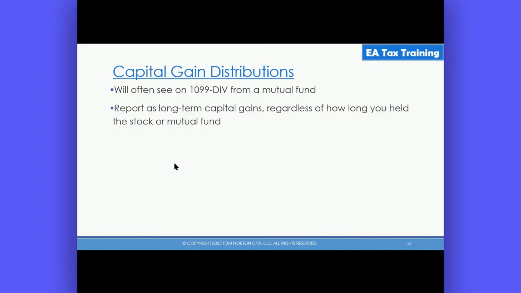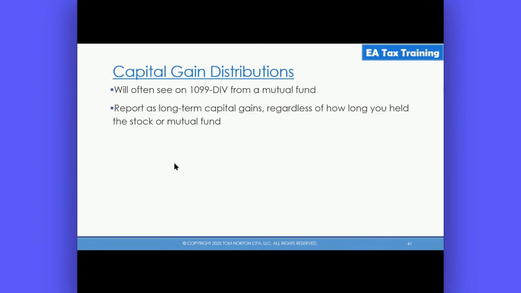Well, it could be that the mutual fund actually held the stock for less than a year before they sold it, but it doesn't matter. If it comes from a mutual fund as a distribution on this 1099-DIV, then you are going to consider that to be a long-term capital gain. And even if you didn't hold the mutual fund for more than a year yourself, doesn't matter, still going to be considered a long-term gain.